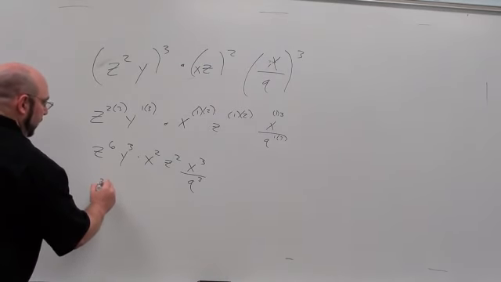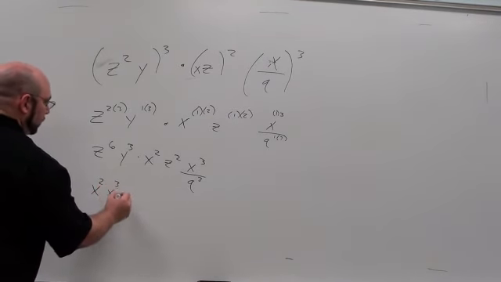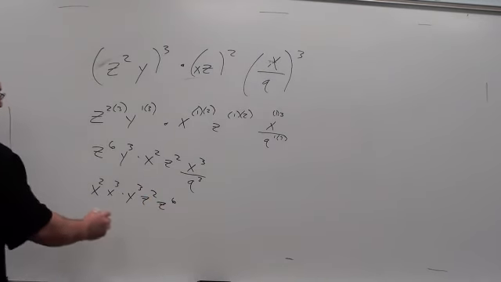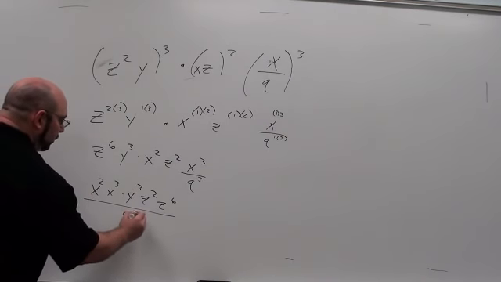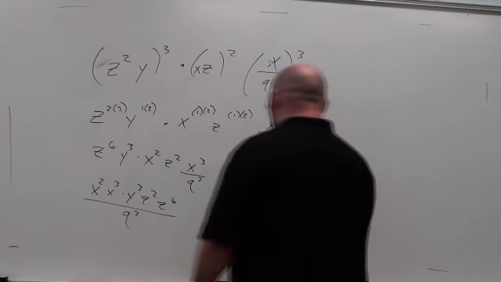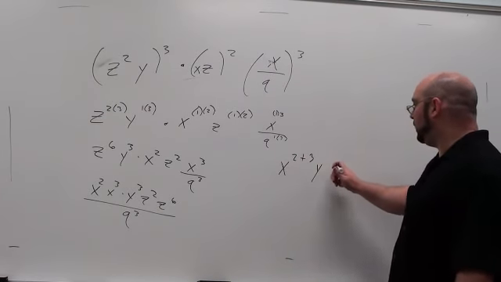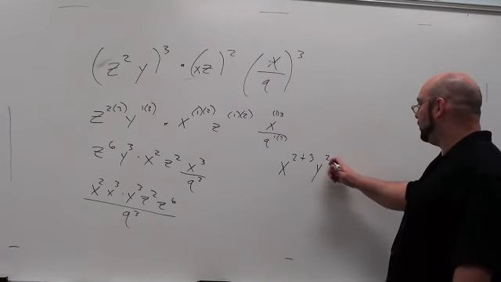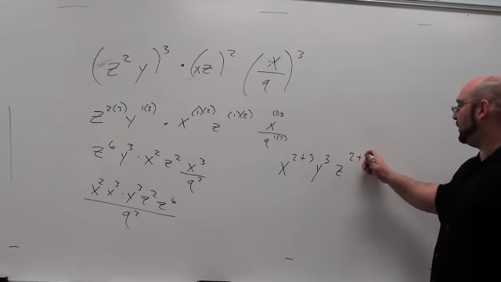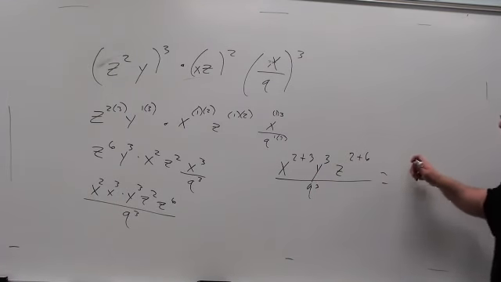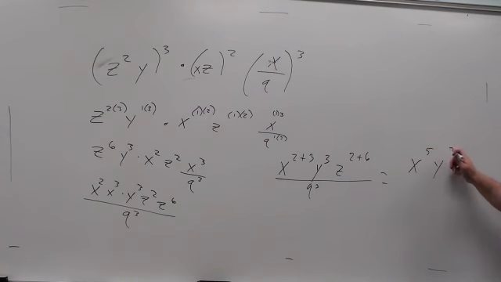This becomes x squared times x cubed, y cubed, z squared times z to the 6, all over q cubed, which is going to give us x to the 2 plus 3, y cubed, z to the 2 plus 6, over q cubed, which is going to give us x to the 5, y cubed, z to the 8 over q cubed.